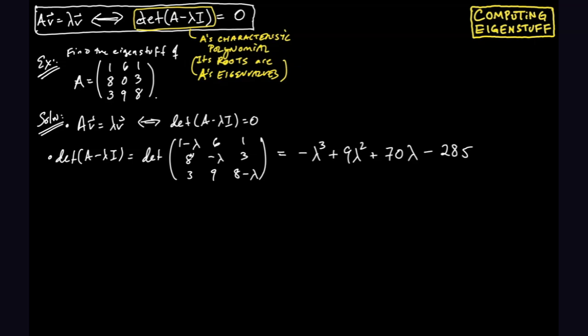Although I should mention while we're on that topic, even though there does exist such a thing as a cubic formula, which gives the exact roots of cubic polynomials, and there's an even more fearsomely complicated quartic formula for fourth degree polynomials, there is not a formula for fifth degree and higher polynomials, at least not one that gives you the roots in elementary terms.